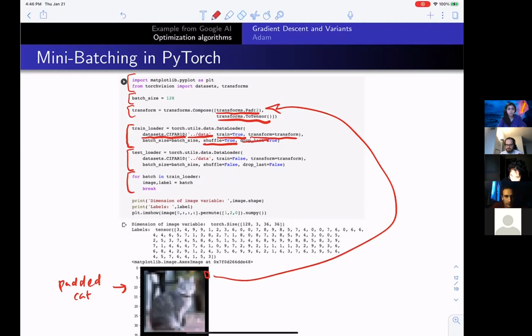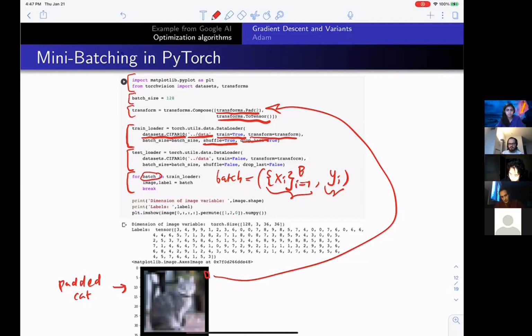So mathematically speaking, a batch is a tuple of examples, let's write it like this, from 1 to capital B, and their corresponding labels, right? So the batch is going to be the training images and their corresponding labels.